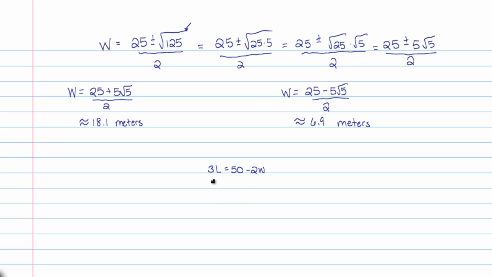Or in other words, dividing by 3, the length is just 50 over 3 minus 2/3 w. So I can substitute these values of w that I have here in for the w in this equation to find out the corresponding lengths. So let me go ahead and say this implies the length is roughly equal to, and this one implies the length is roughly equal to, and we'll plug it into this equation.